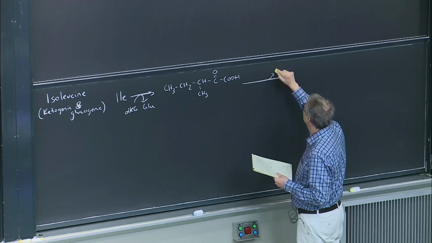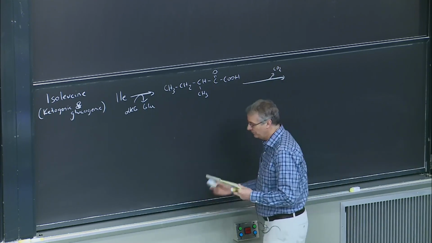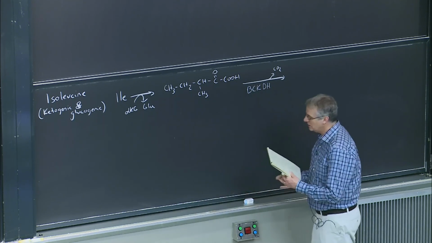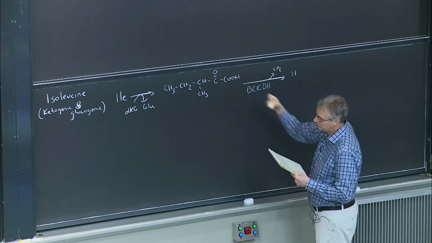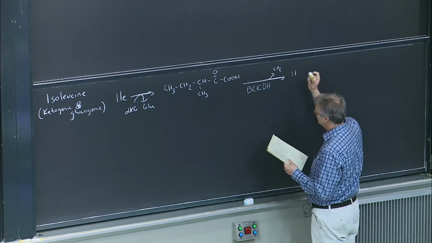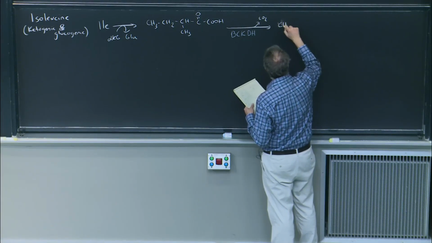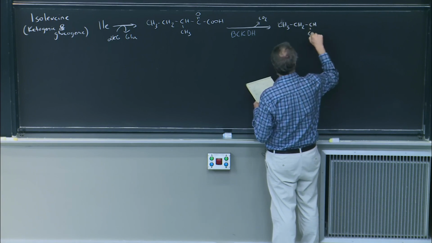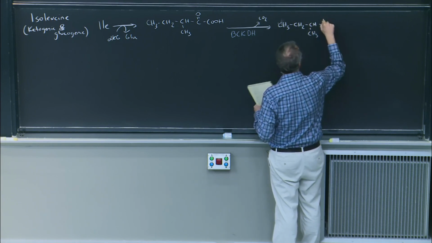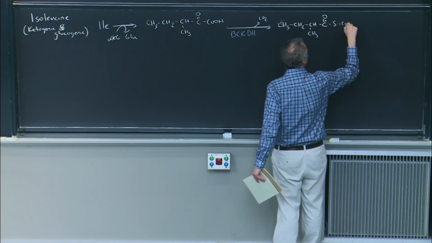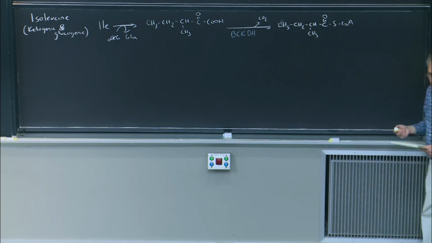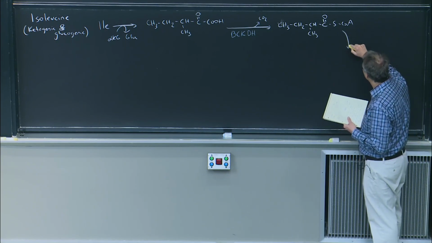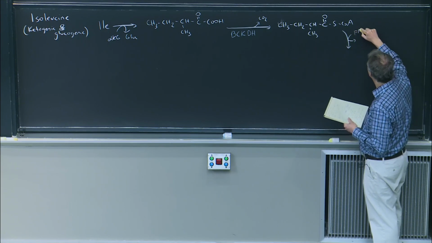Next step, do the alpha decarboxylation with branched chain keto acid dehydrogenase. That removes that CO2, oxidizes that carbon to the acid, and we end up with this branched chain acyl-CoA. All right, same first steps as we saw before. Metabolize that as if it's a fatty acid.